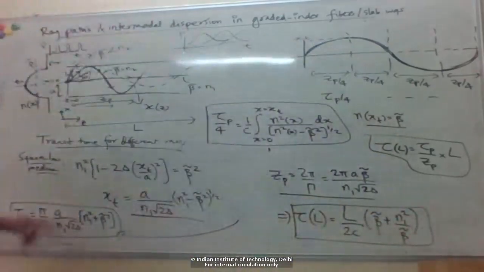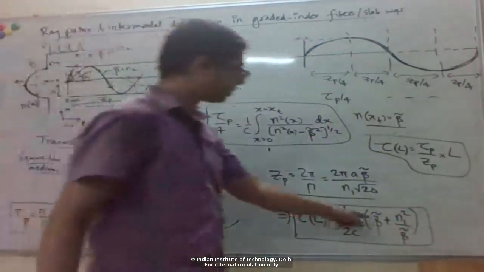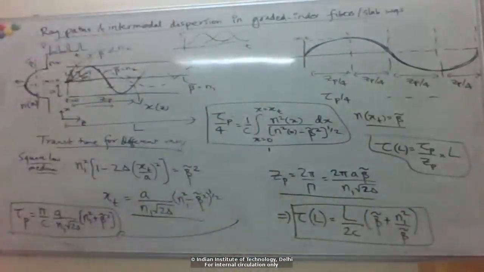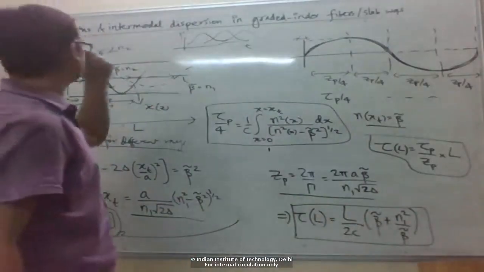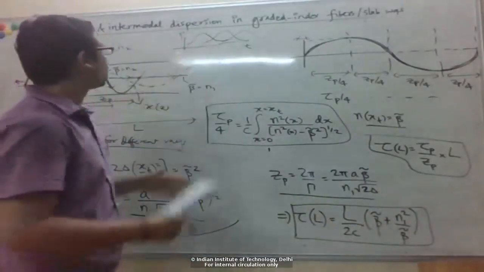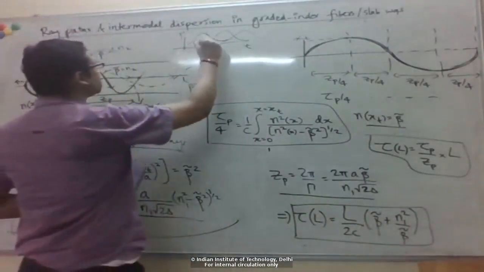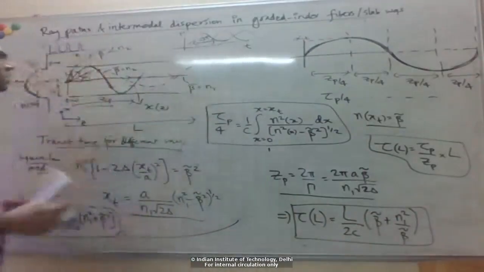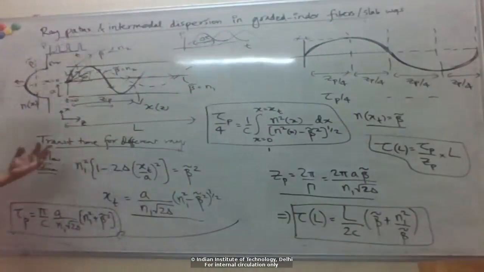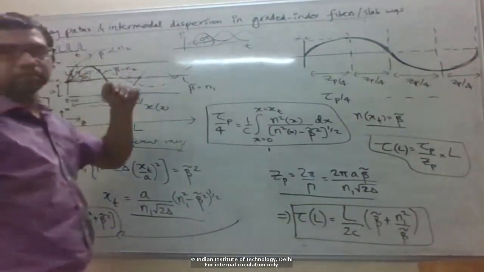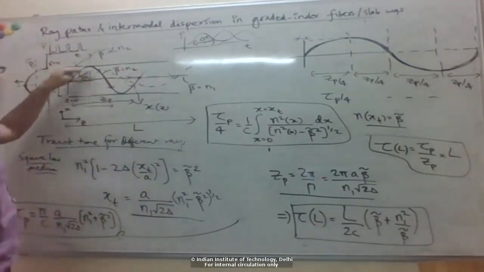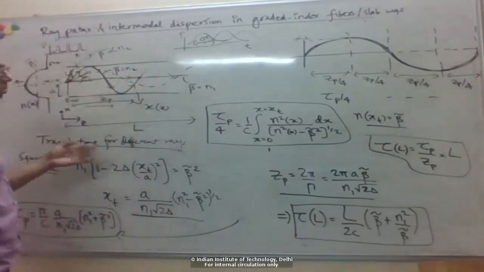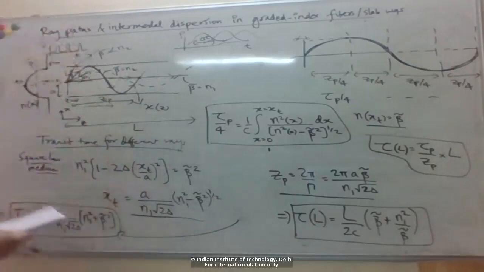Okay, so different rays correspond to different beta tildes here. So we can use the same analysis that we did for step index to find the amount of broadening delta t here. We calculate the ray corresponding to the minimum time and the ray corresponding to the maximum time, and then take the difference.